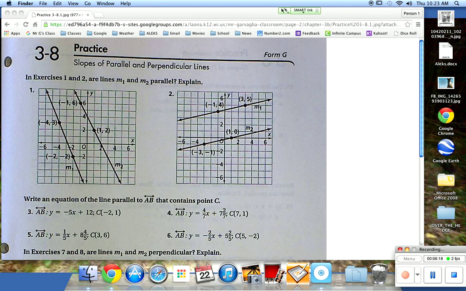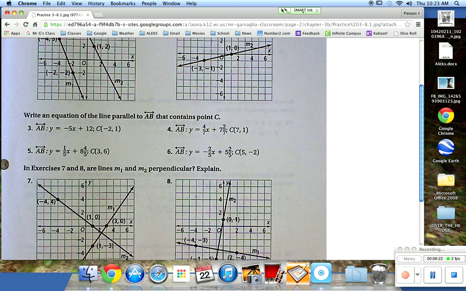All right, let's take a look. These are parallel lines. What it's saying here, write an equation of a parallel line to AB.